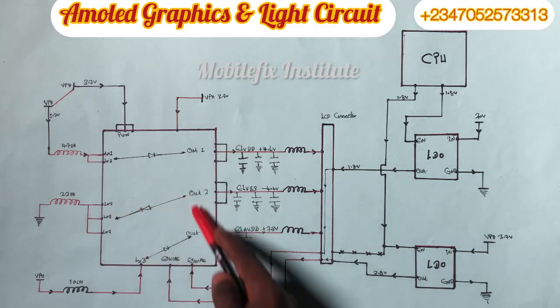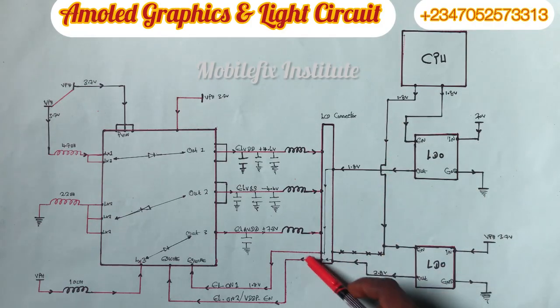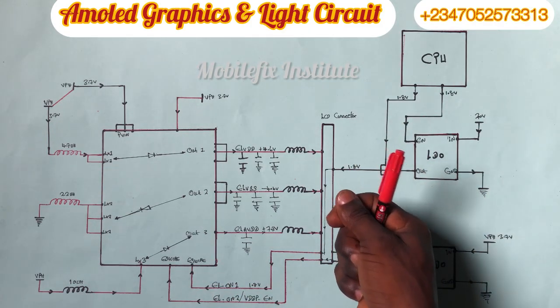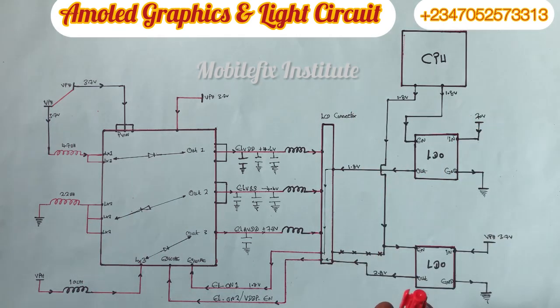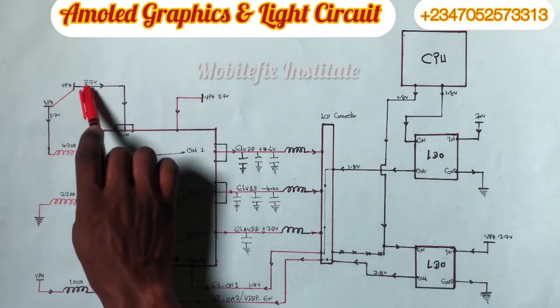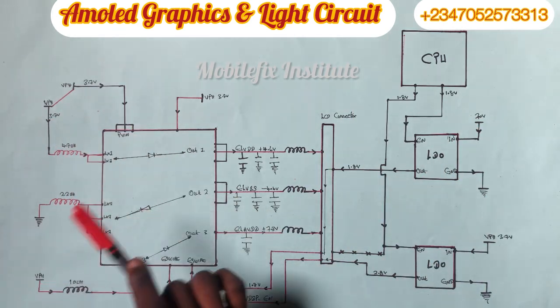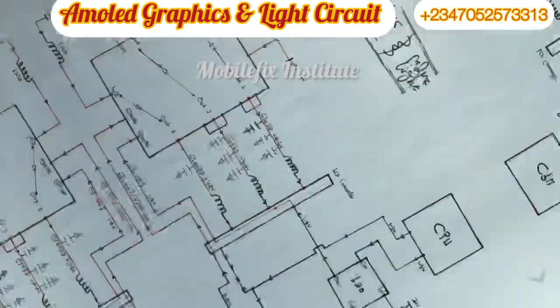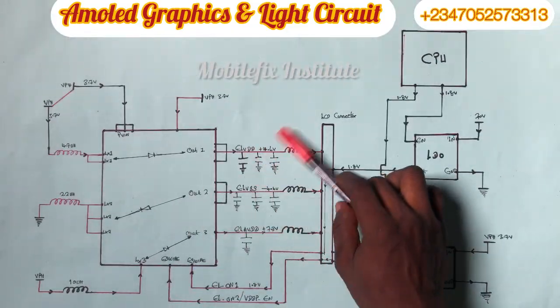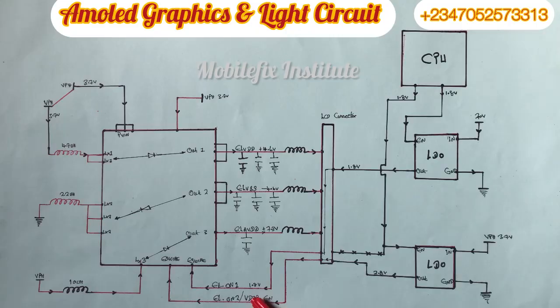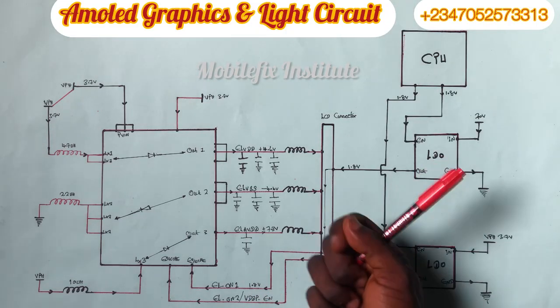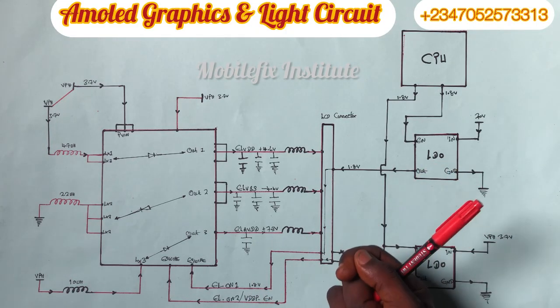Without clipping your screen, the only voltage you will get is your VPH voltage, that's all. But for you to get the other voltage, this line has to switch on, and before you can switch on this line, you have to clip your screen on your connector.